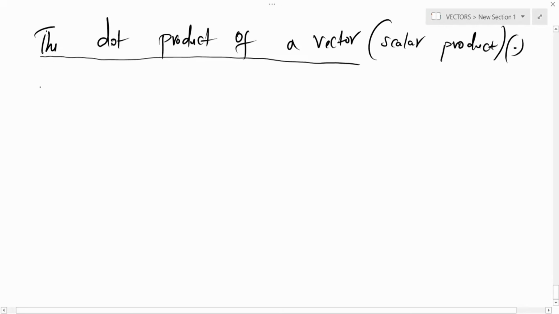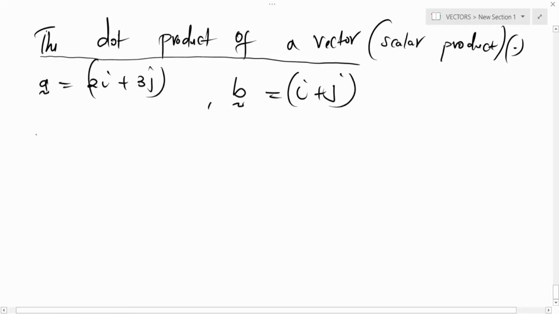Given two vectors, let's say A is equal to 2i plus 3j and B is equal to i plus j, the dot product A dot B is given by 2i plus 3j dotted with i plus j.